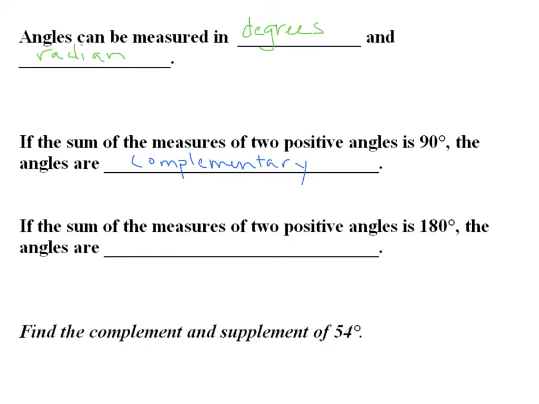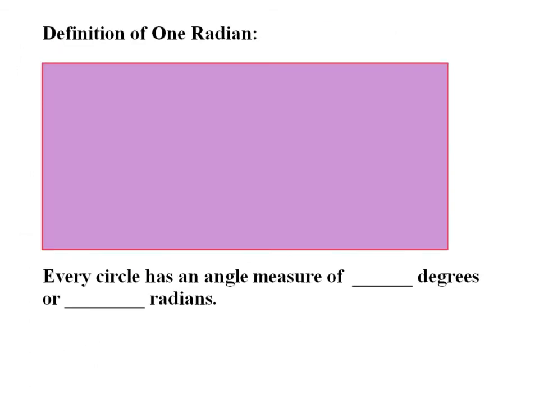Now, if they add up to 180 degrees, remember we refer to those as supplements or supplementary angles. So the first thing I want you to do is go ahead and find the complement and the supplement of 54 degrees.